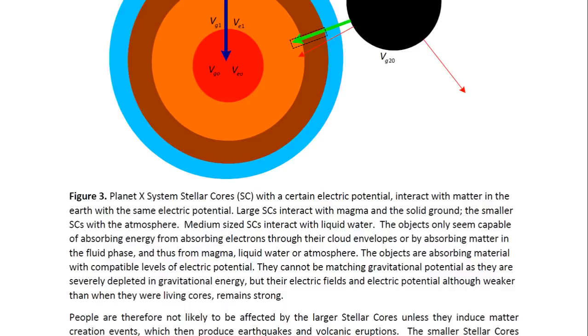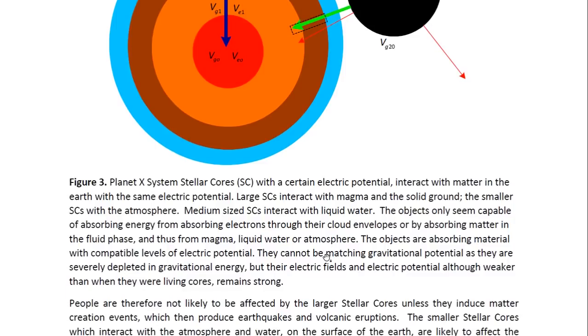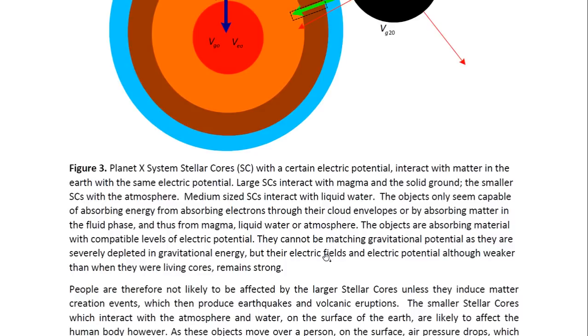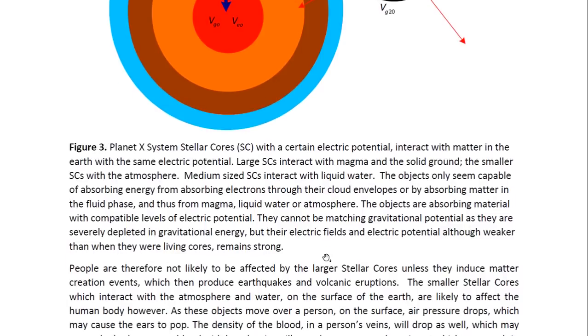Medium-sized stellar cores interact with liquid water. The objects only seem capable of absorbing energy from absorbing electrons through their cloud envelopes or by absorbing matter in the fluid phase and thus from magma, liquid water, or atmosphere. The objects are absorbing material with compatible levels of electric potential, therefore.